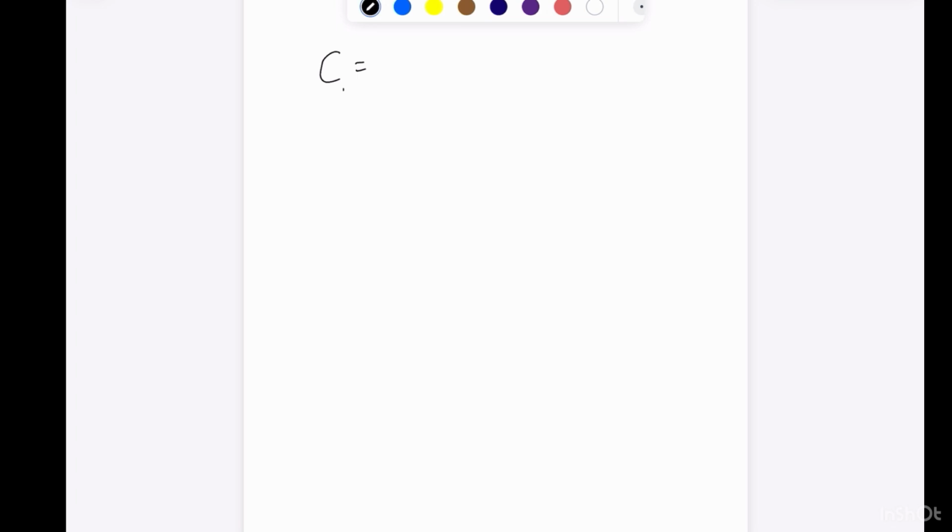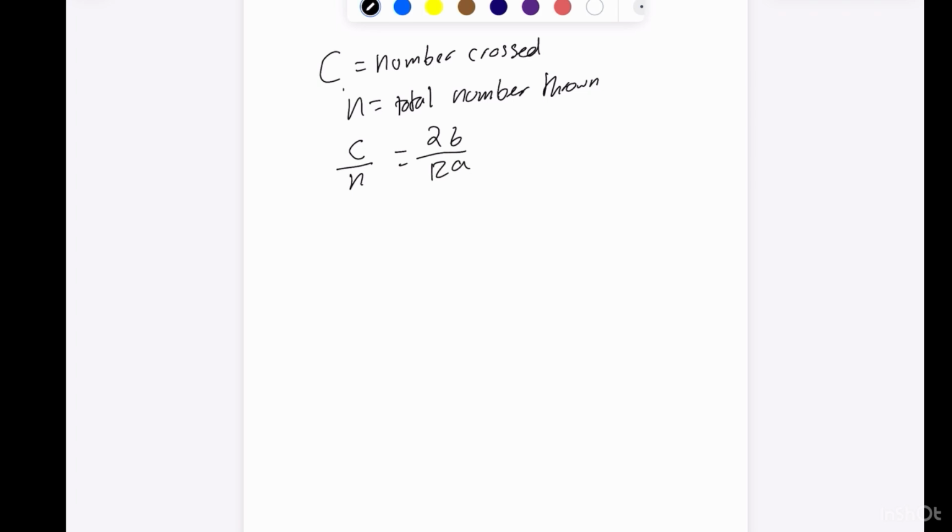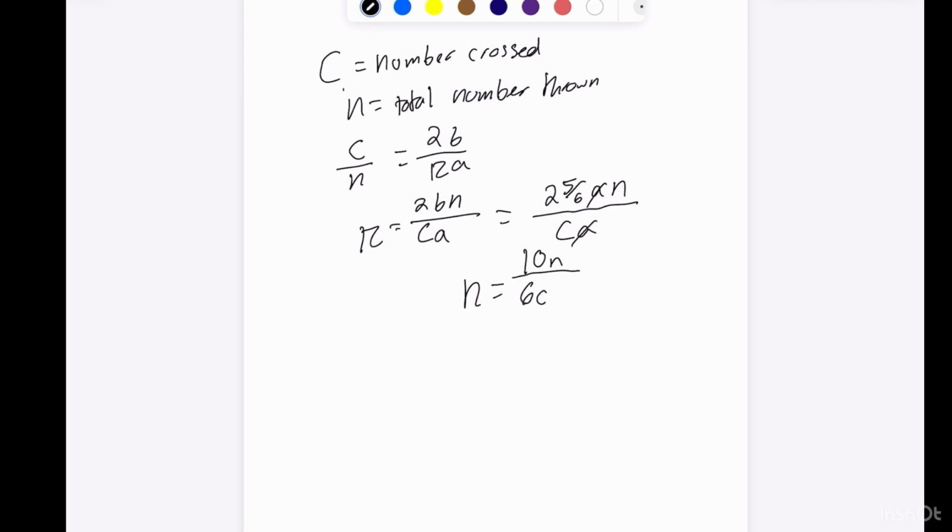So now we are going to evaluate it with Mario's experiment. C is going to be equal to the number of needles that cross, and N is going to be equal to the total number of needles thrown or dropped. We're going to plug in our new A value and our new B value, which is 5/6 of the A, and we're going to get our value for pi because he has a physical number of how many crossed and how many were thrown.